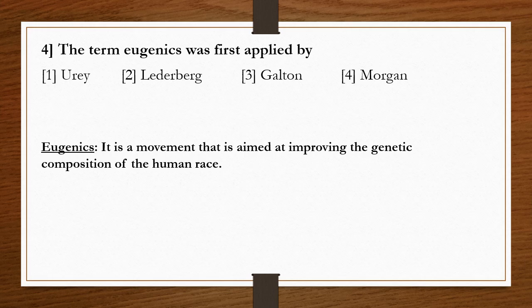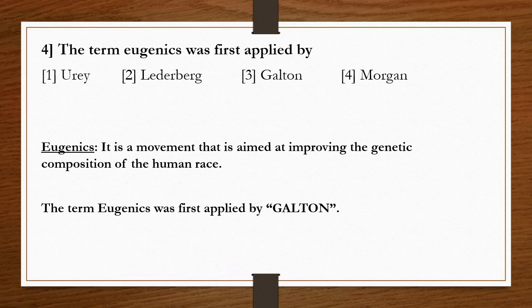That we call eugenics. It was first applied by Galton. So the correct answer is option 3.